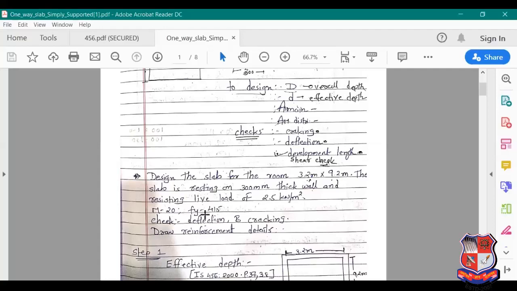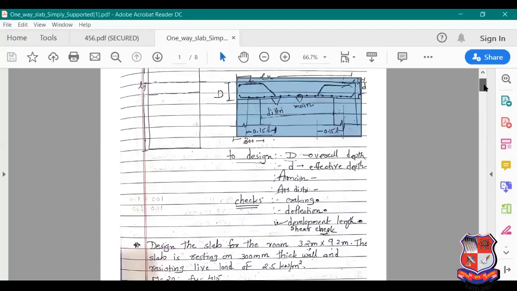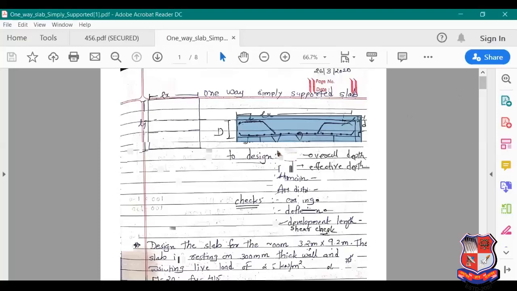So what we are going to do, we will design the overall depth. Particular design means we have to justify what will be the overall depth, what will be the effective depth, what will be the area of cross section, and what will be the area of steel in the main and distribution way.